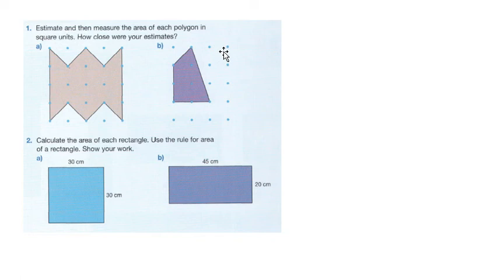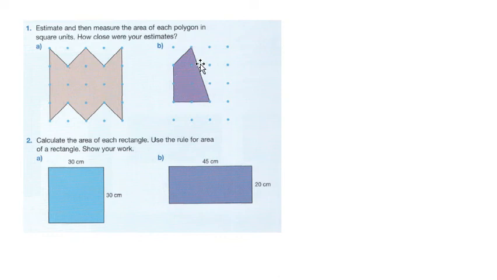Let's look at this one now. It's the same idea. Let's count full squares first. So we can say 1 square, 2 squares, and then we have some other squares over here. It looks like maybe another 2 squares, maybe 3 squares. So probably these 2 plus these 2 or 3. So we're looking at approximately 4 or 5 squares. Let's try this now. If we count 1 and 2, that's 2 full squares.